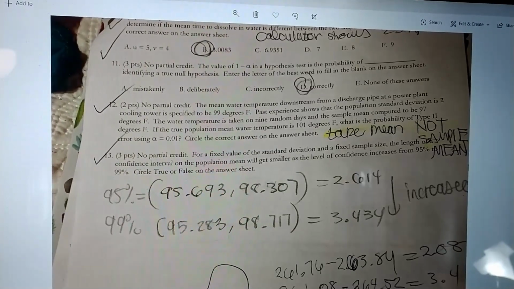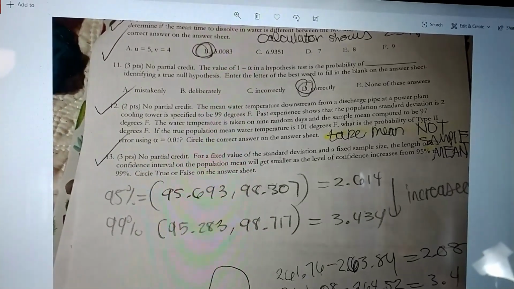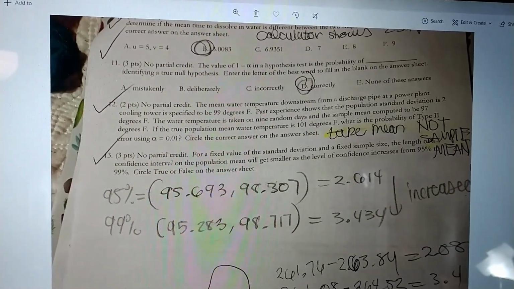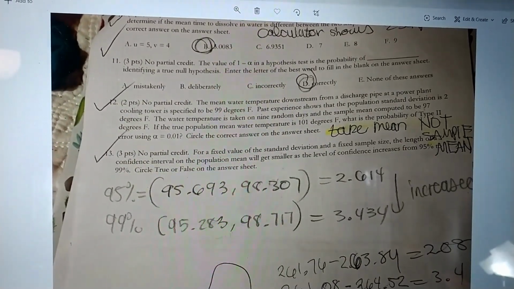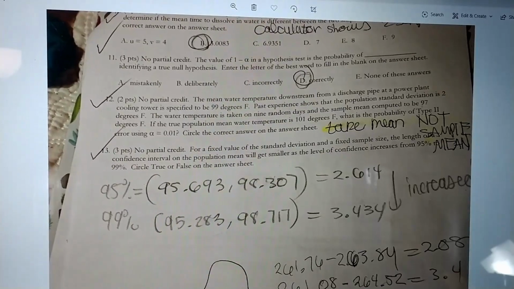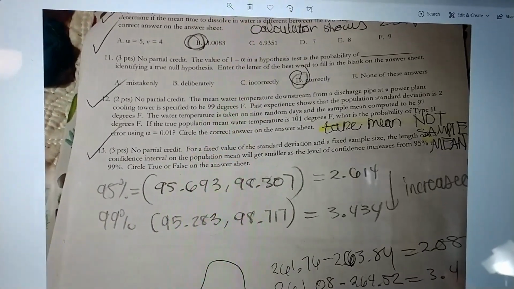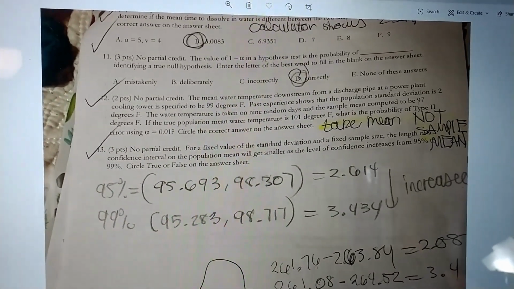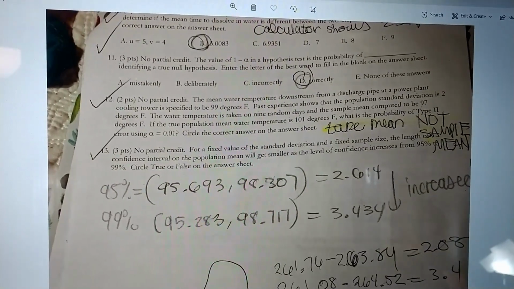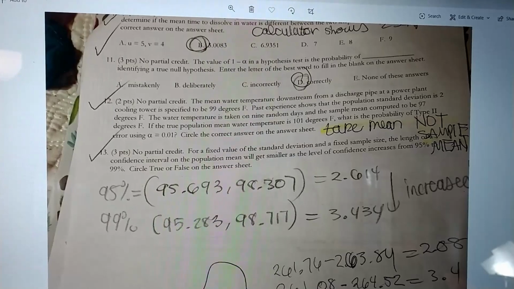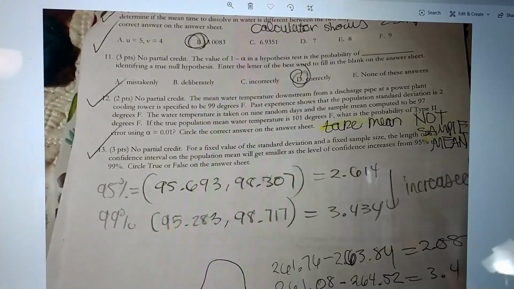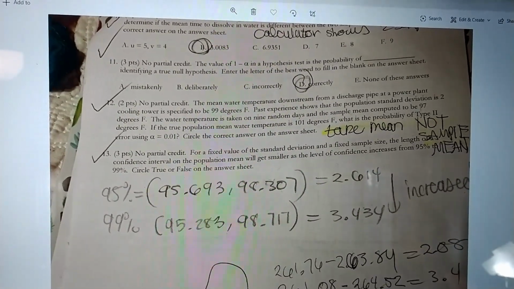Okay, so this question, labeled number 12, let's go over it. It says the mean water temperature downstream from a discharge pipe at a power plant cooling tower is specified to be 99 degrees Fahrenheit. Past experience shows that the population standard deviation is 2 degrees Fahrenheit.